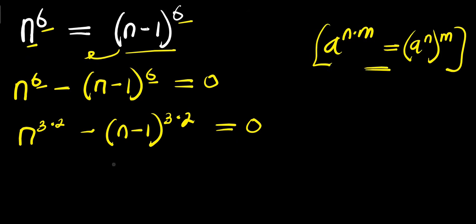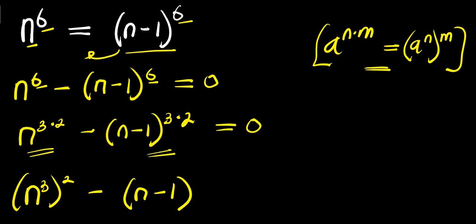So we apply this identity right here and right here. What we are going to have will be (n^3)^2 minus ((n − 1)^3)^2, and this equals 0.